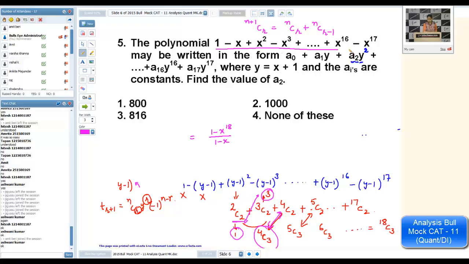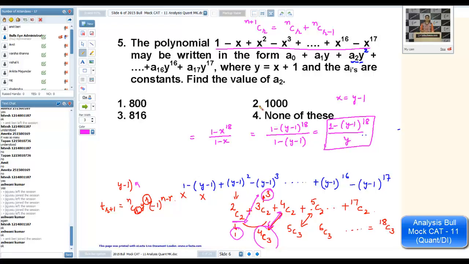And I know x is y minus 1, so I put x as y minus 1 and it comes out to be a smaller expression.